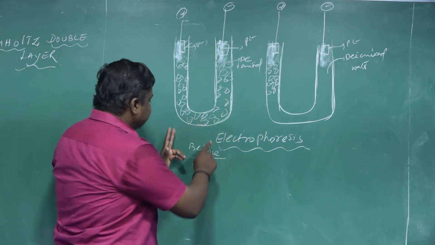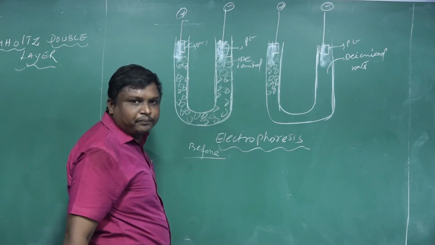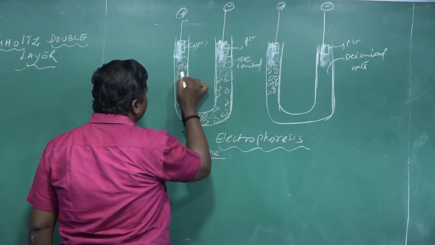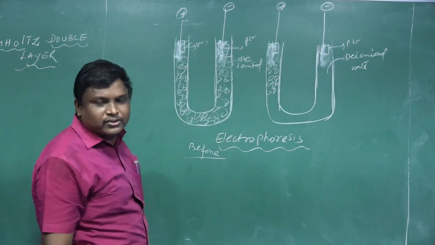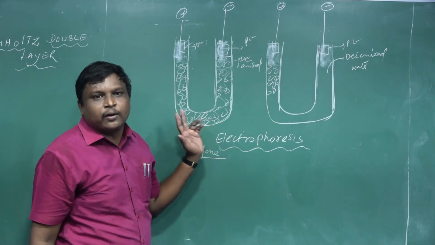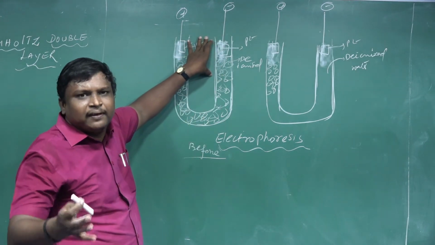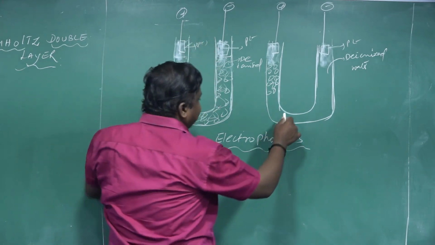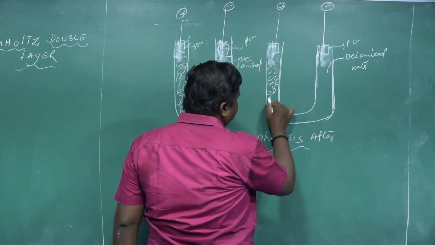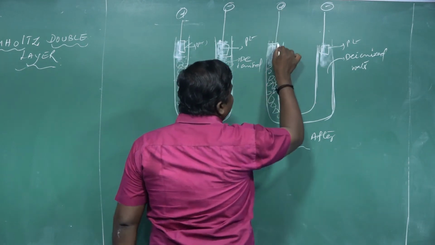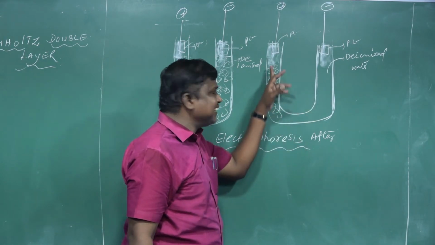Okay, this is before. This is a positive charge electrode and a negative charge electrode. Both sides have equal sol particles. Suppose when applying the electric field, the positive electrode is raised.